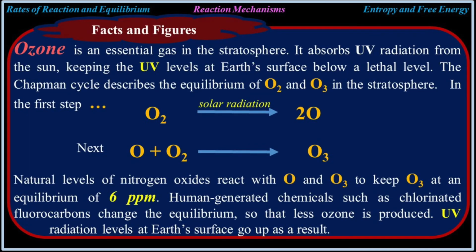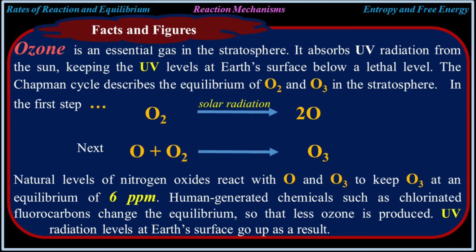Ozone is an essential gas in the stratosphere. It absorbs UV radiation from the sun, keeping the UV levels at Earth's surface below a lethal level. The Chapman cycle describes the equilibrium of O2 and O3 in the stratosphere. In the first step, O2, with solar radiation, goes to 2 atoms of oxygen.